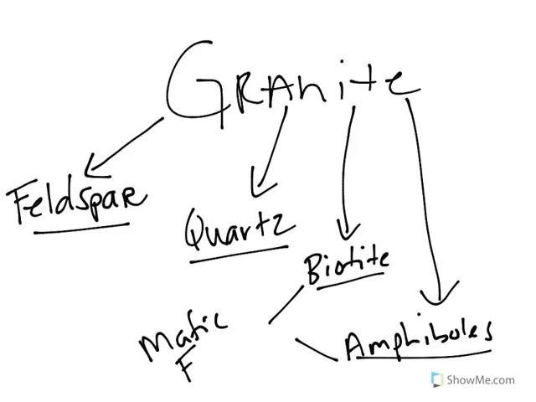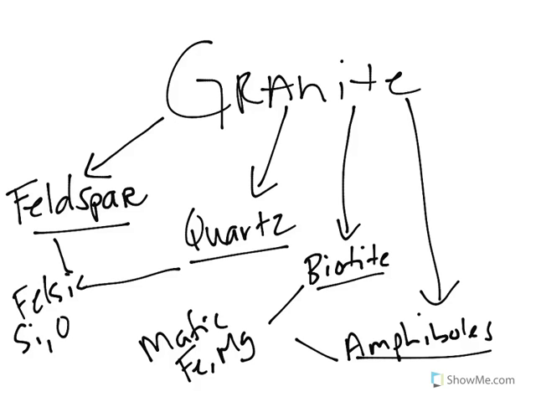They have a lot of iron and magnesium. As you learned, they're all silicates, but they have a lot of iron and magnesium. They tend to be really, really dark colored. Our feldspar and our quartz, these are definitely felsic, which means they have a lot of silica and oxygen in them.